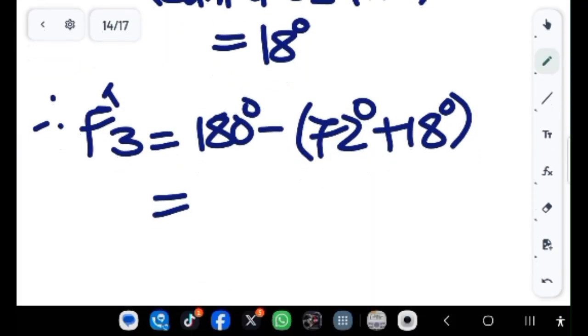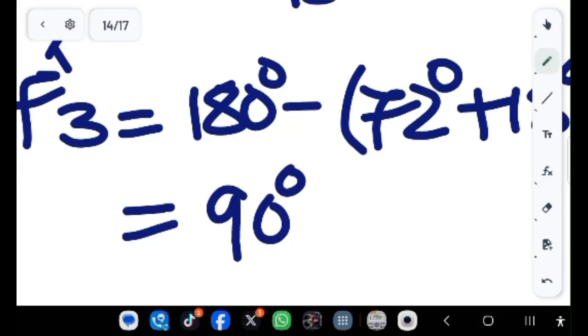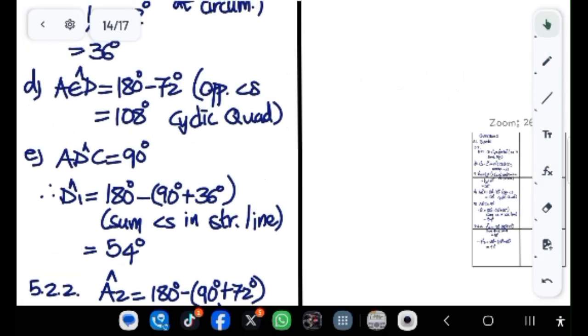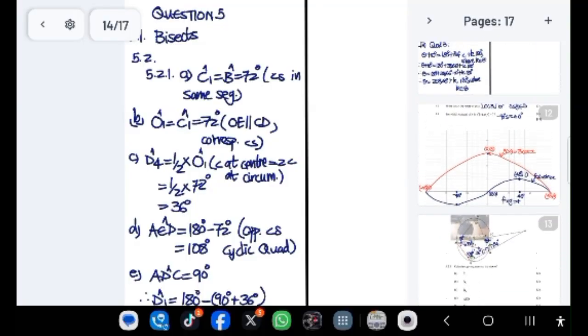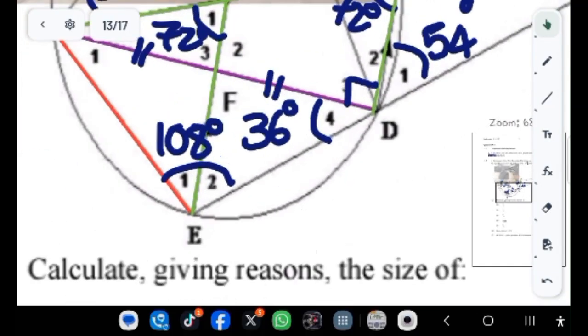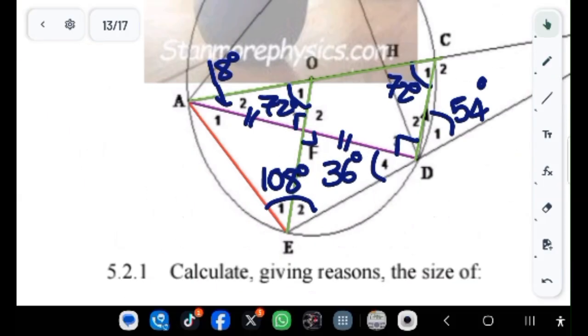Good. Therefore this is 90 degrees, meaning that all of these are 90 degrees. OF is perpendicular to AD.